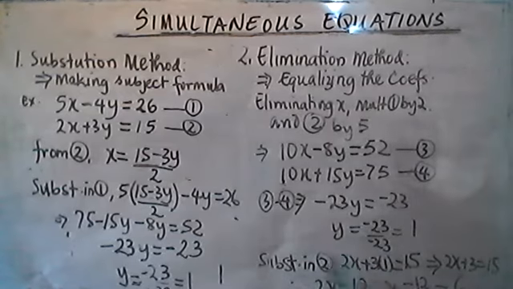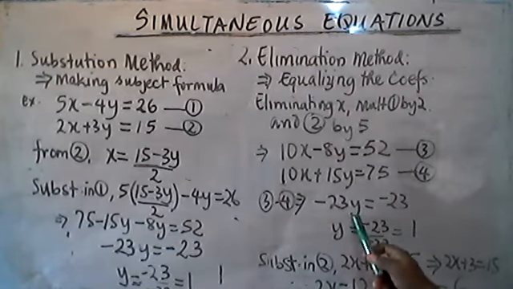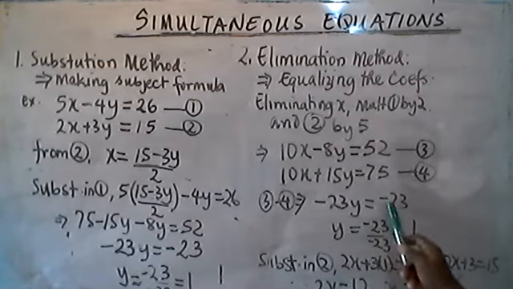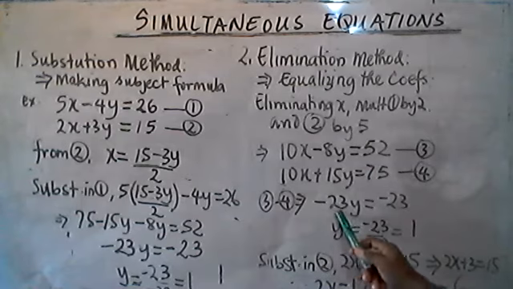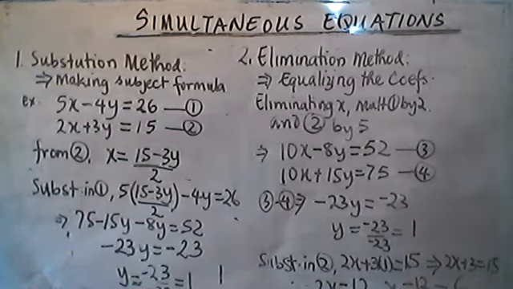And when we do that, we find y, and y now becomes minus 23 divided by minus 23, and that will give us 1, exactly what we had before in the substitution method.